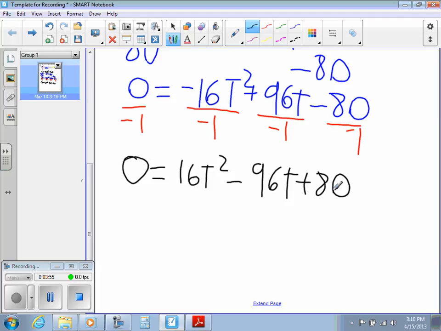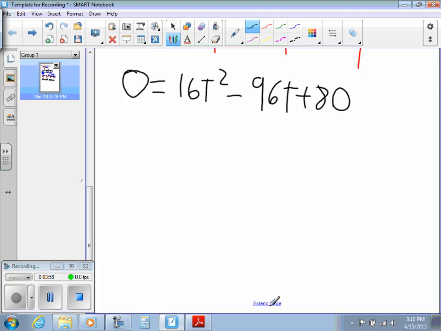But before we do, it looks to me like we have a common factor that we can factor out. So let's take a look here. 16 is 4 times 4, which breaks down to 2 times 2 and 2 times 2.